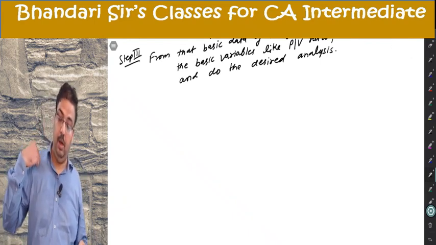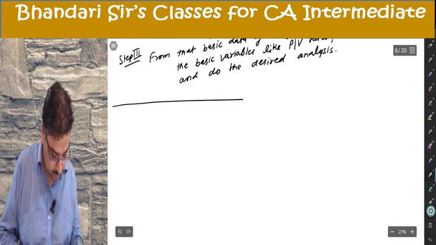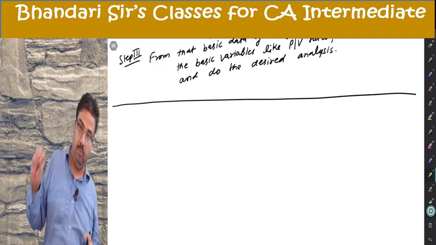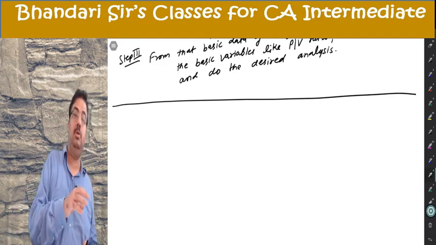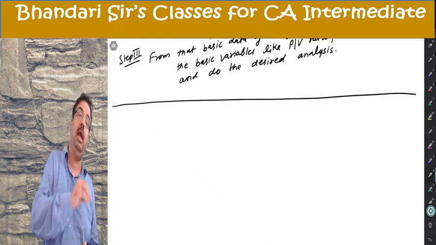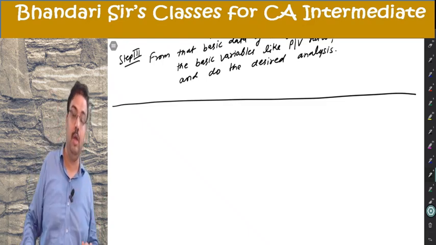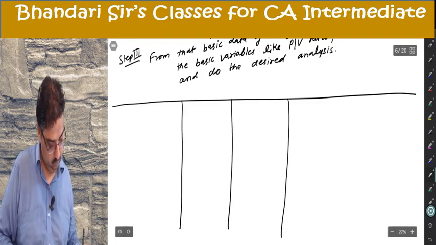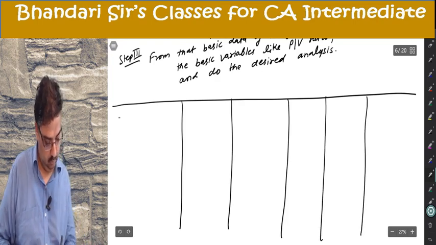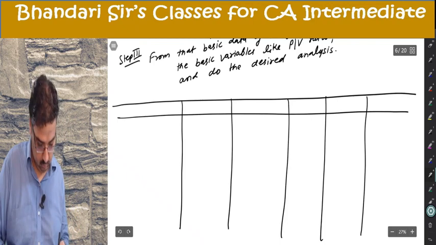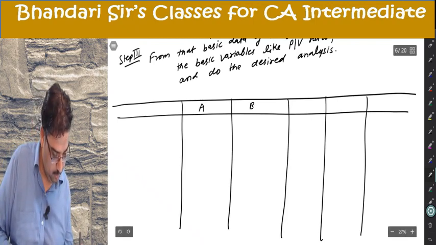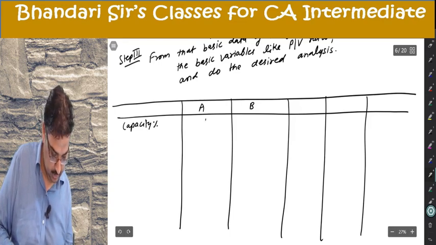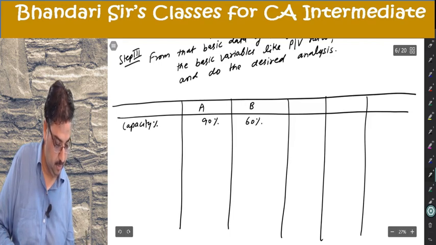In the question, you are given 2 plants A and B. So what I am doing, a big table with 5 columns I am making. 3 columns are as from question. Next 3 columns, 100% of A, 100% of B and merged plant. The total step 2 also I will do in the table itself. A, B, capacity percentage 90%, 60%.